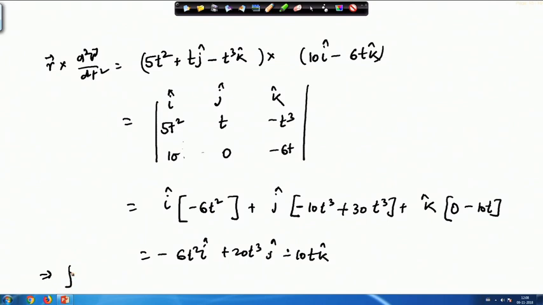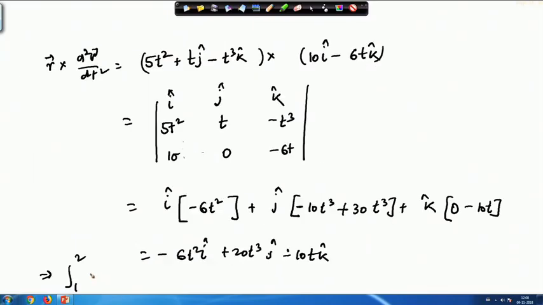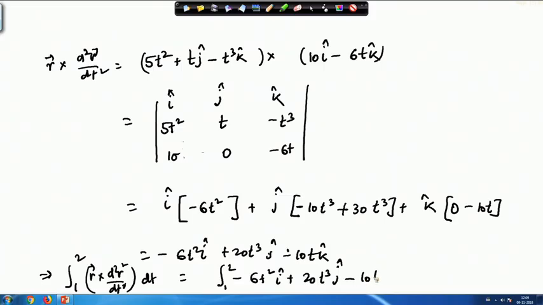And now we will do the integration from 1 to 2, since we were asked to evaluate the integral from 1 to 2 of r cross d²r/dt² dt. So this will be the integral from 1 to 2 of minus 6t² i minus 20t³ j minus 10t k dt.